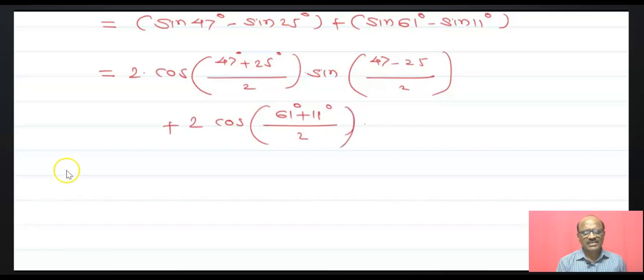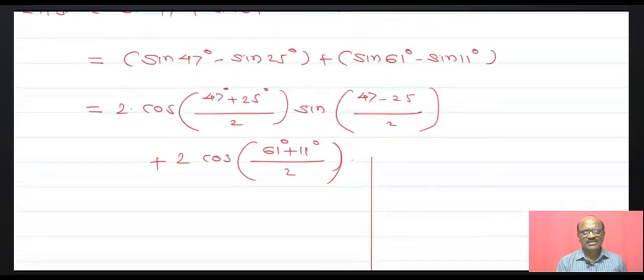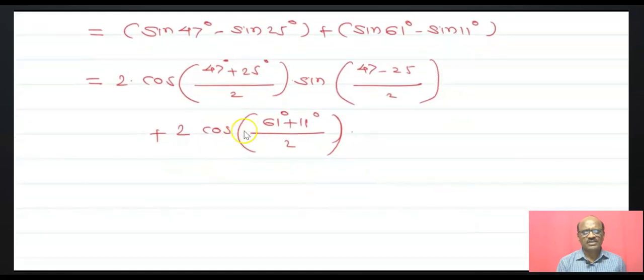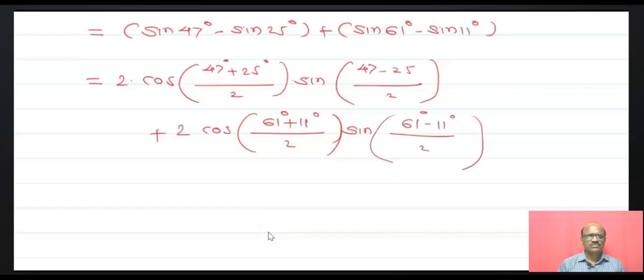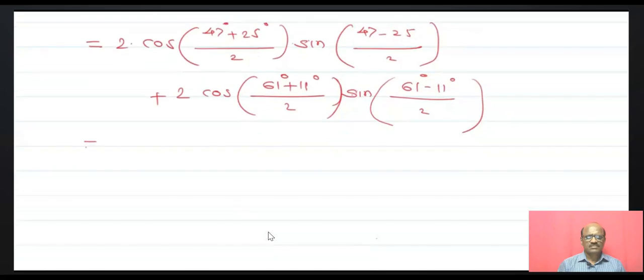Now the next is sin 61 minus sin of 11. That is cos of (61 plus 11) upon 2 into sin of (61 minus 11) upon 2. And that's why you will get their addition, 72 upon 2.